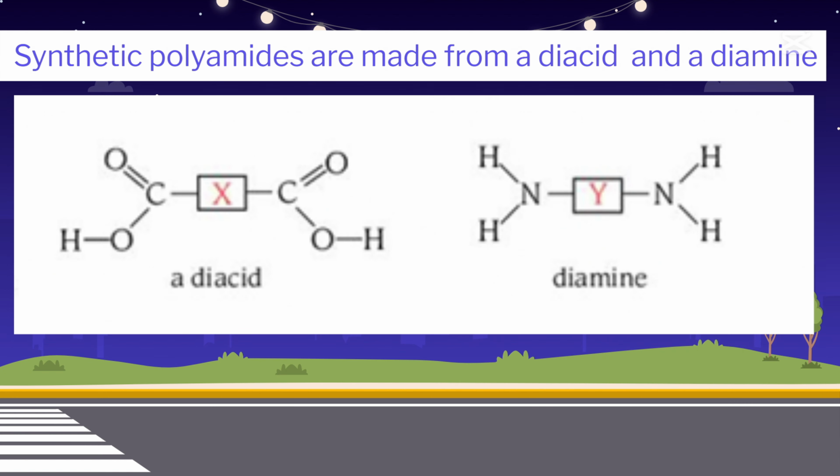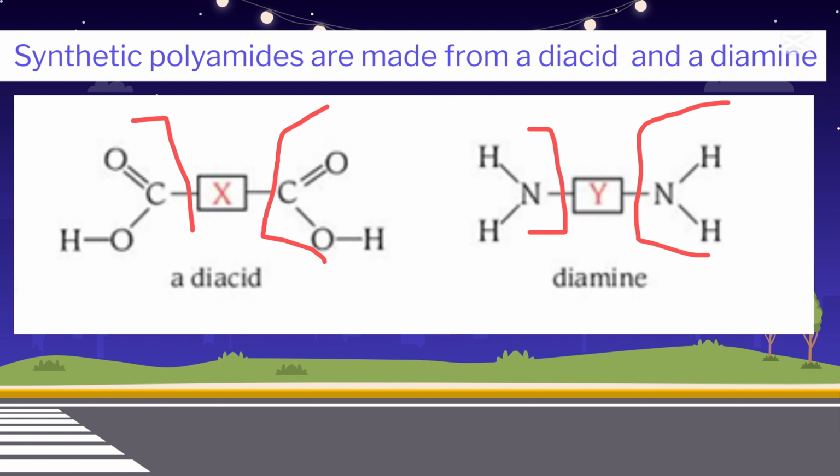And that's how we bring in our diacid and our diamine. For the diacid, which is the dicarboxylic acid, we have two carboxylic acid groups attached onto our alkyl group, one on one end and one on the other end. And for the diamine, we have one amine group on one end and one amine group on the other end. That way we're able to make a linkage here.